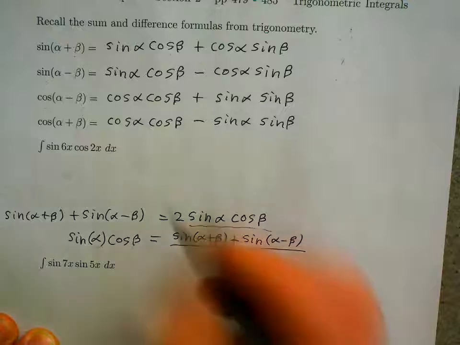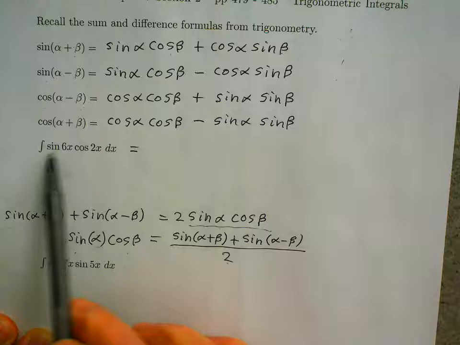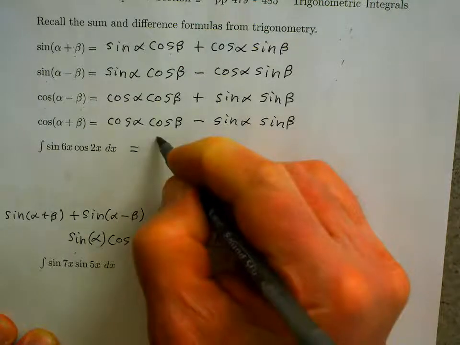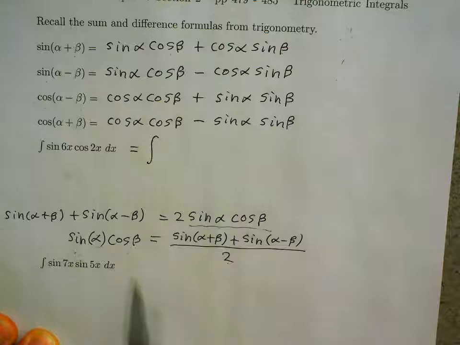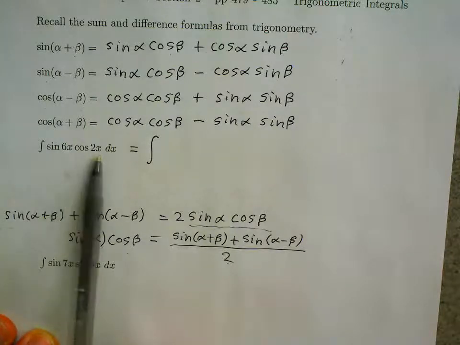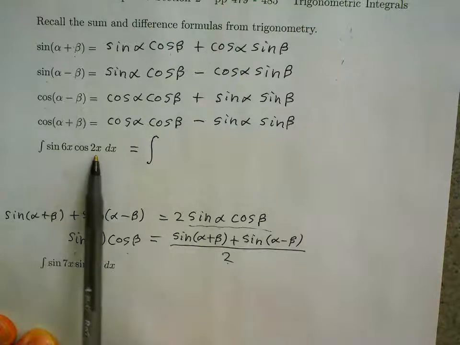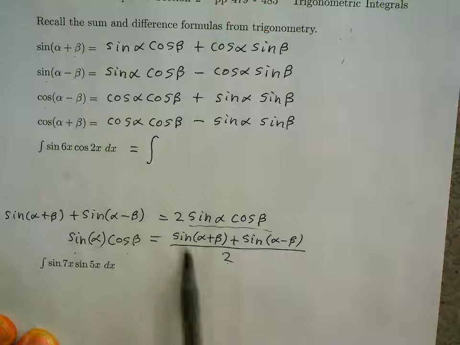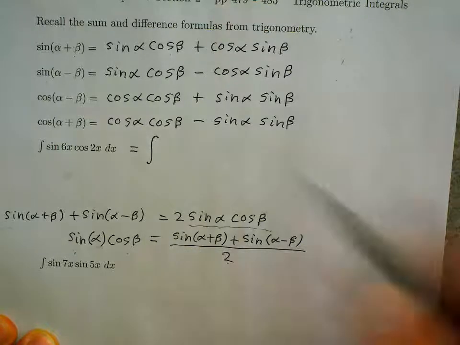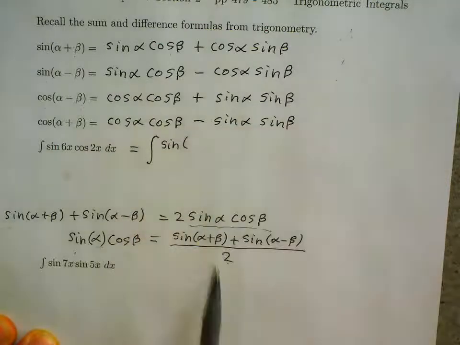So now we go up here and we use this identity to help us evaluate this indefinite integral. So this is our sine of alpha times cosine of beta. So if we pick alpha to be 6x and beta to be 2x, then we just substitute those in and we get sine of alpha plus beta.